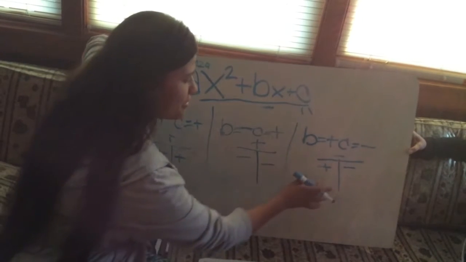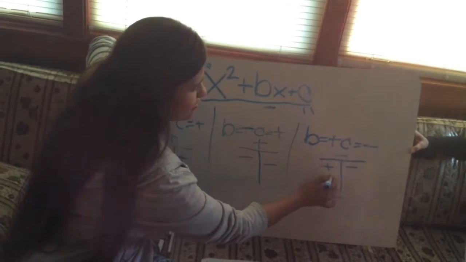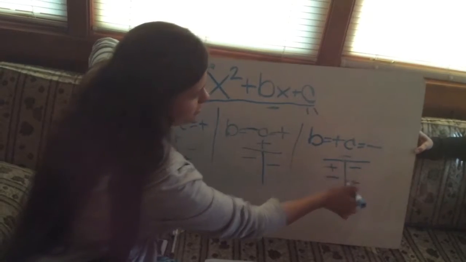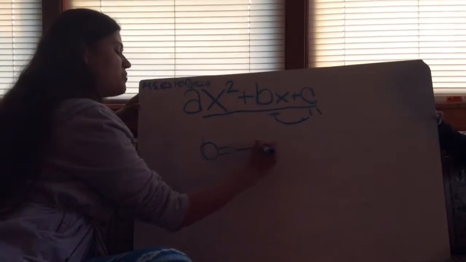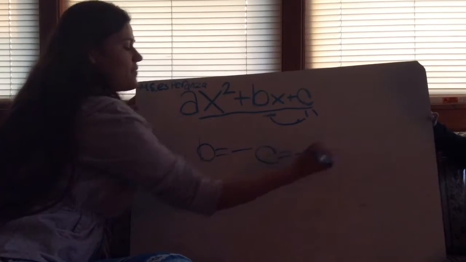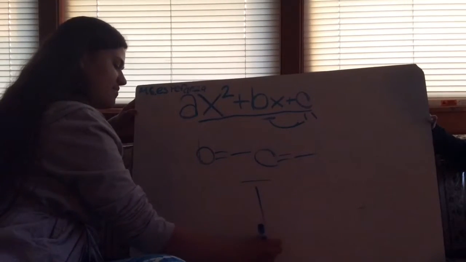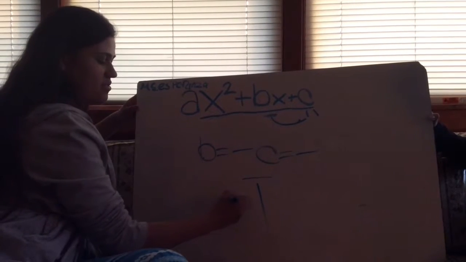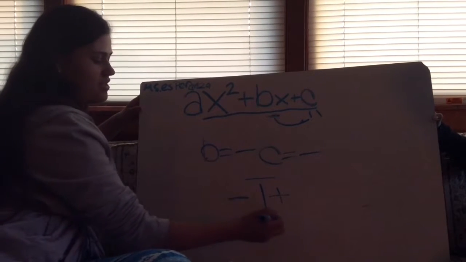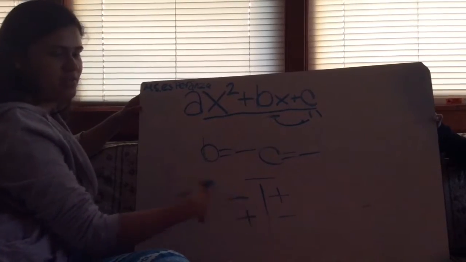And if the smaller number is on this side, then this would be the negative and this would be the positive. Then we have when both b and c are negative, so the number with the highest value is going to be negative. It could be this one or this one, whichever has the biggest value.